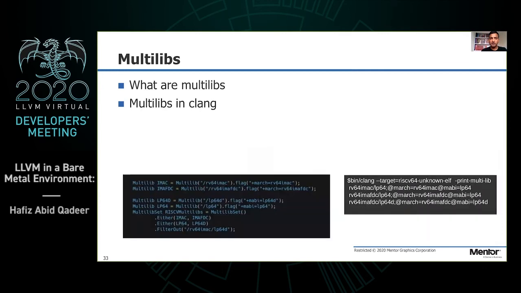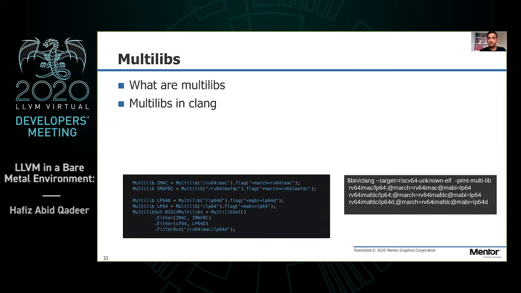Let's discuss multilib in Clang. Clang has a Multilib class that can be used to specify multilibs. As shown here in the left side picture, you give it two things.